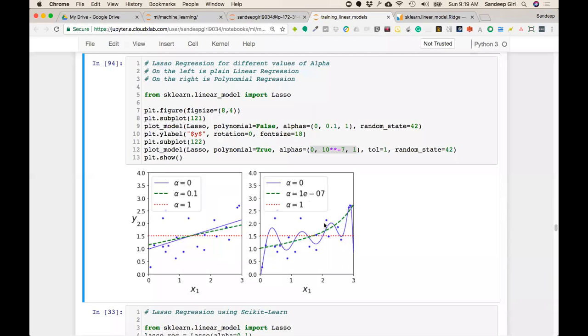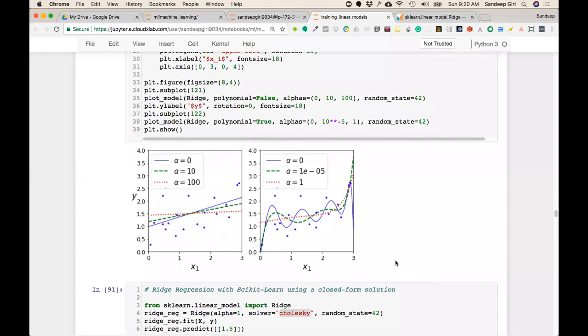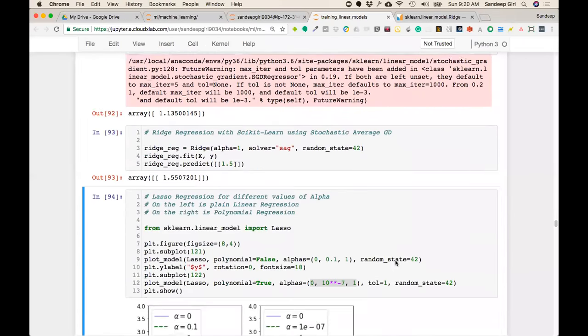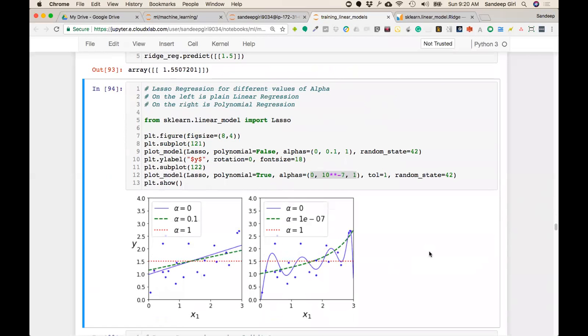These three lines are for alpha 0, alpha 0.1 and alpha 1, and this one is for alpha 0, alpha 10 to the power minus 7 and alpha 1.